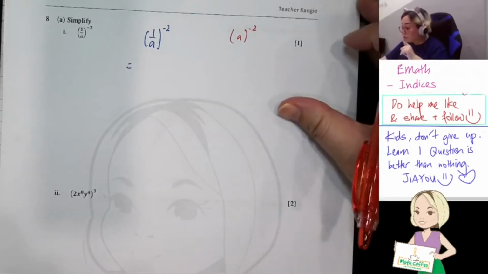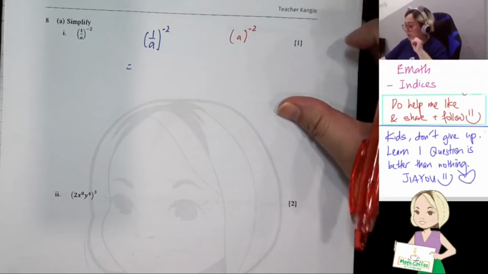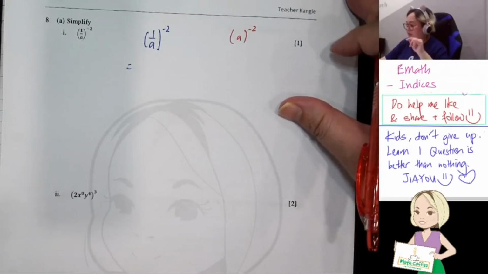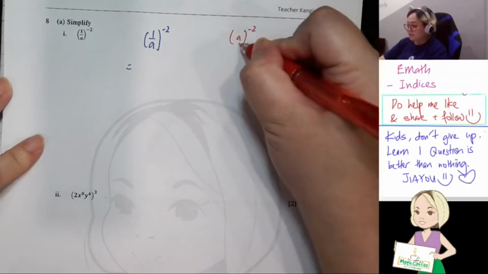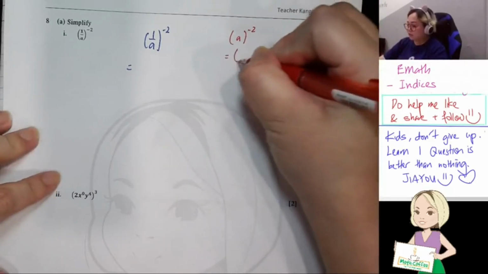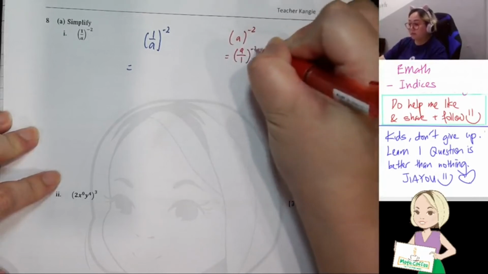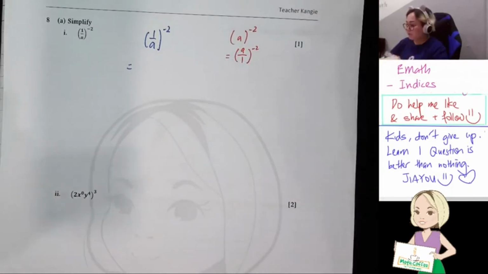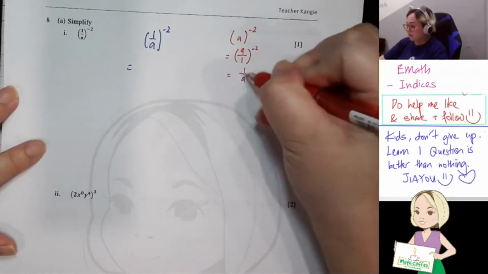Now you remember, must put a bracket. I can tell you 9 out of 10 students make that mistake. Remember when the power is negative, you flip the fraction inside. What if the inside is not a fraction, but we can make it a fraction? a is just a over 1. Then it becomes a fraction already, and you flip the inside, so it becomes 1 over a to the power of 2.